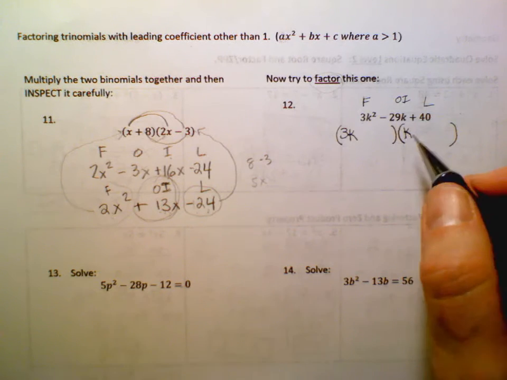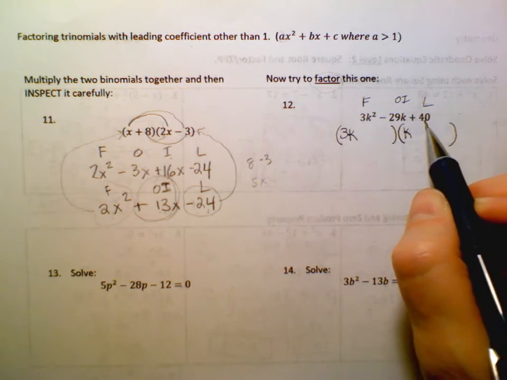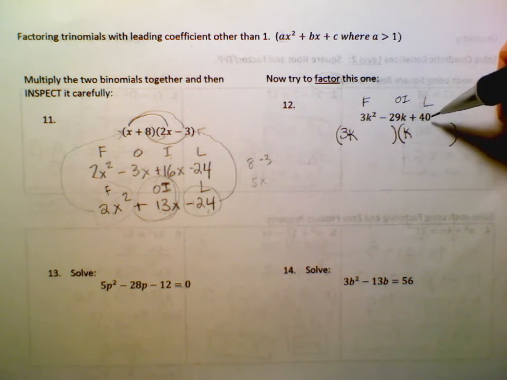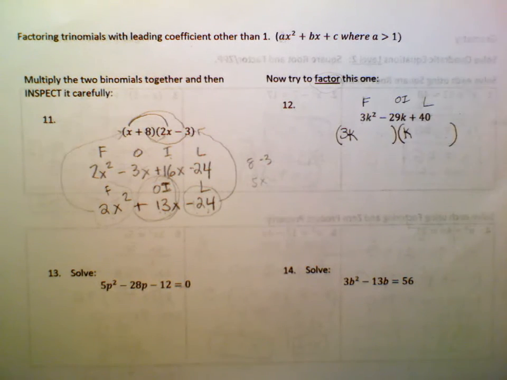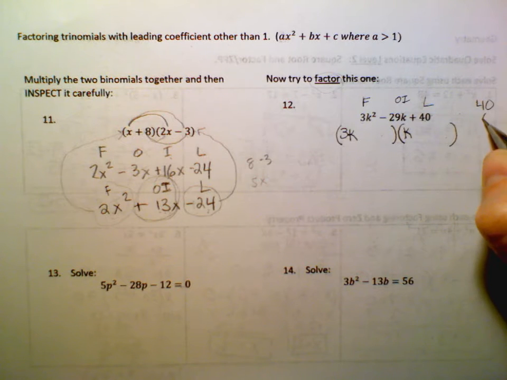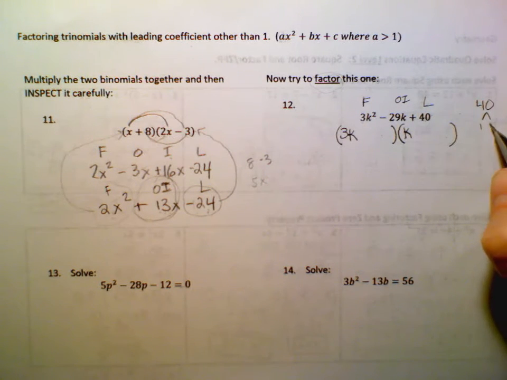Okay, let's see. The last term has to come from two numbers that multiply to make 40. So is it 1 times 40, 2 times 20, 4 times 10, and 5 times 8.